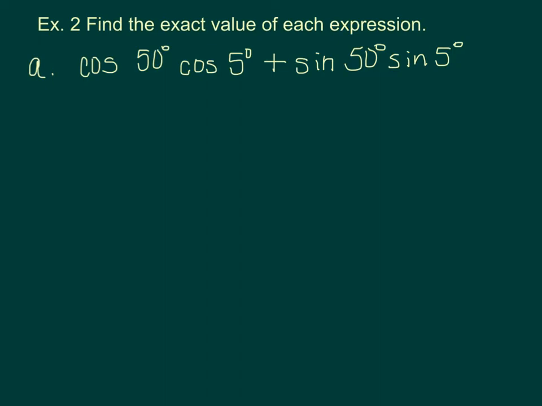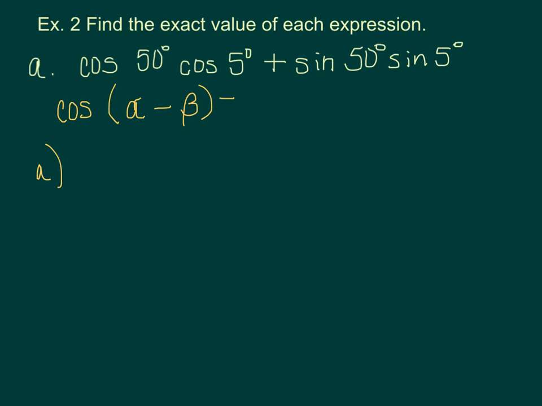Okay, in this particular example, the expression is the right side of the formula cosine, and that symbol is, we usually call it alpha minus beta. If you can't draw it correctly, it's okay. So first we're going to identify what is alpha.